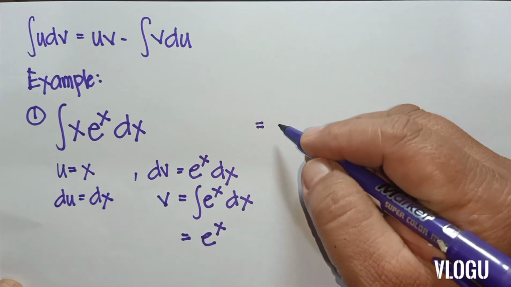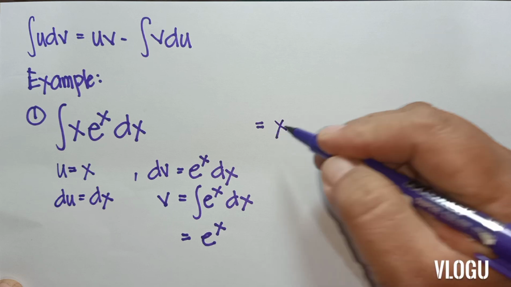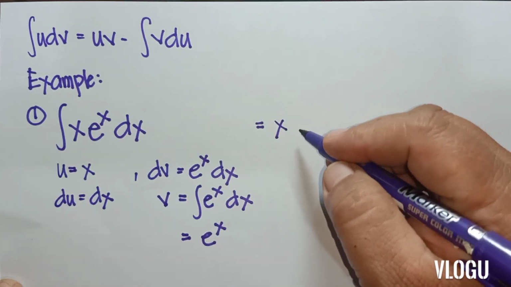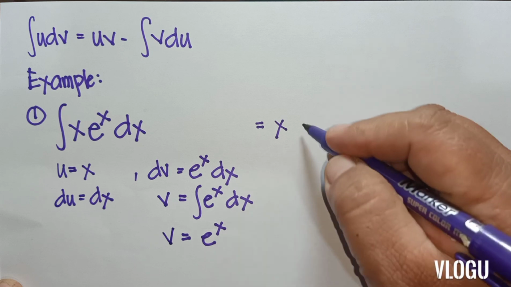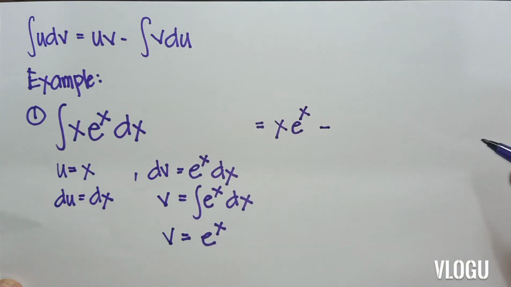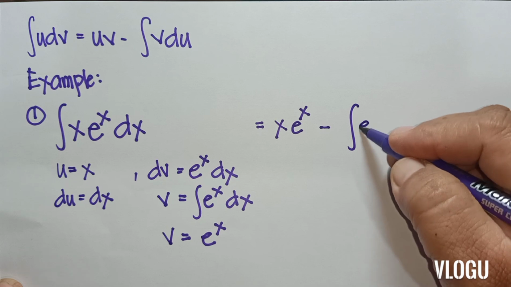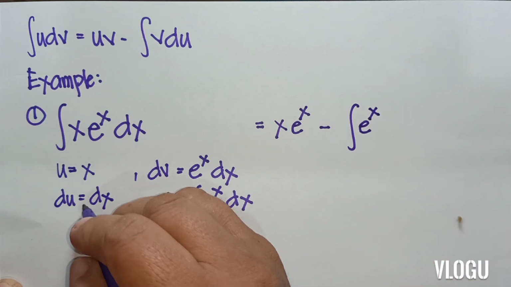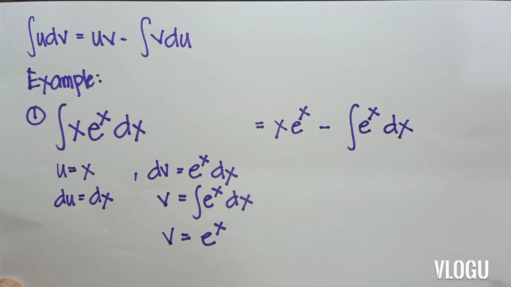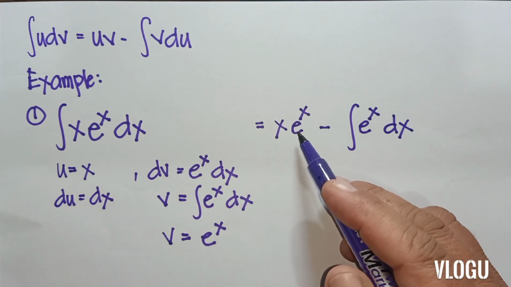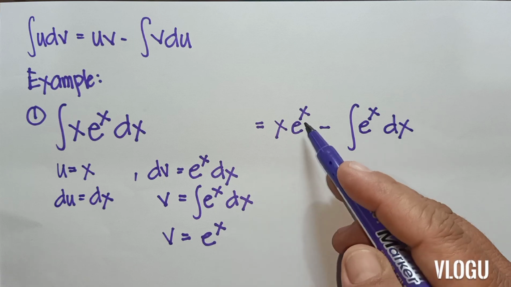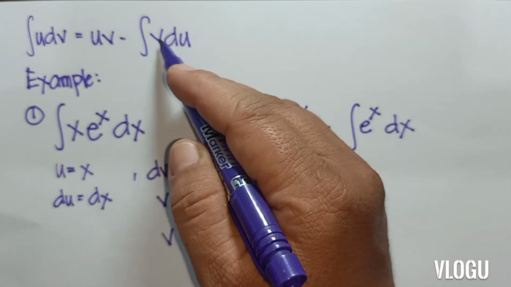Our u is equal to x, and our v is equal to e to the x, minus the integral of v du.